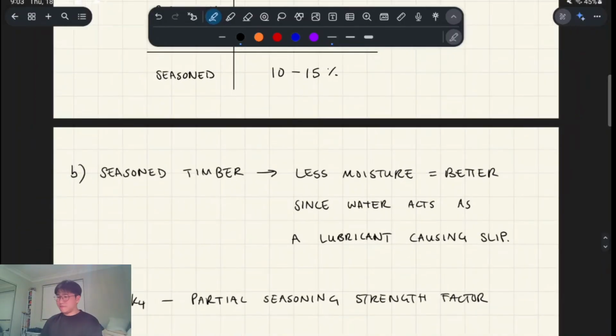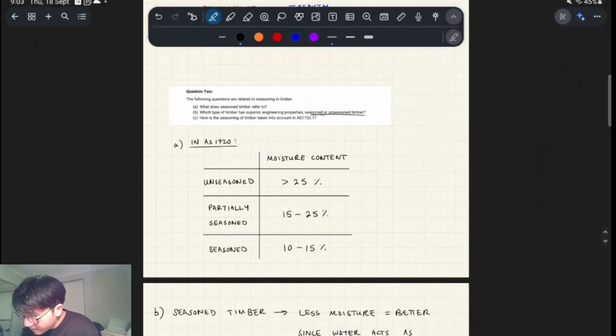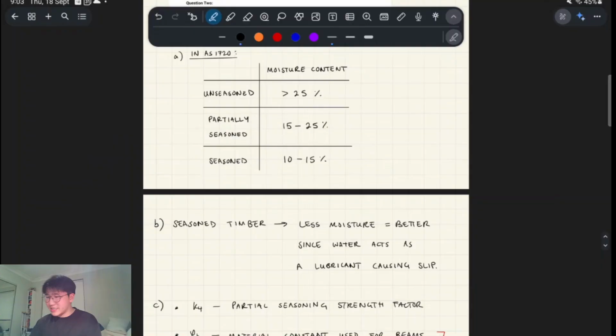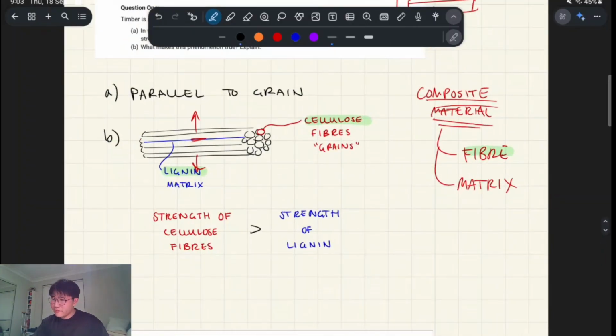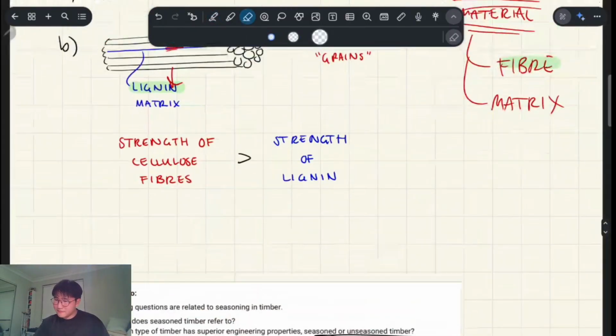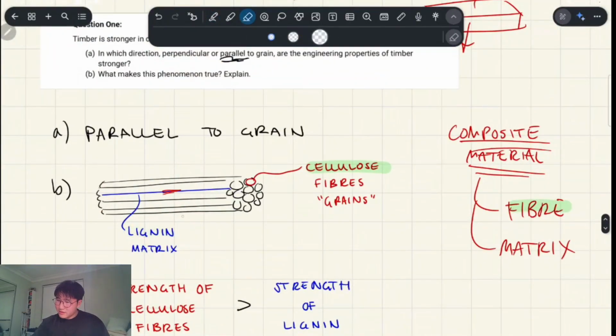B was which type of timber has stronger properties. So seasoned timber has better properties. Essentially, if I go back to this, if we're in bending, I apply a perpendicular force, which causes compression at the top.